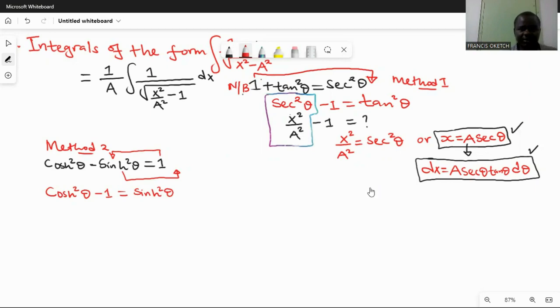So I now do the comparison. So we'll have x squared over a squared minus 1 should be equal to something.